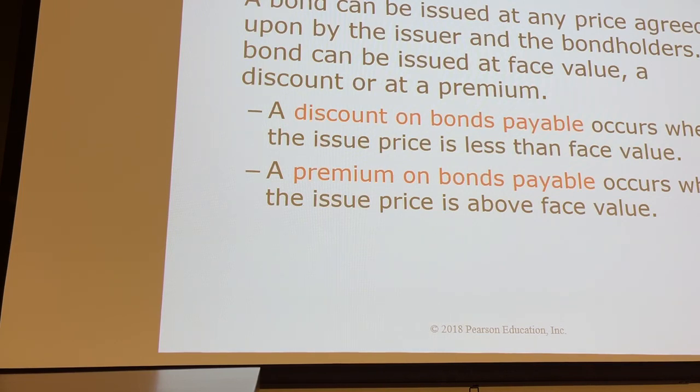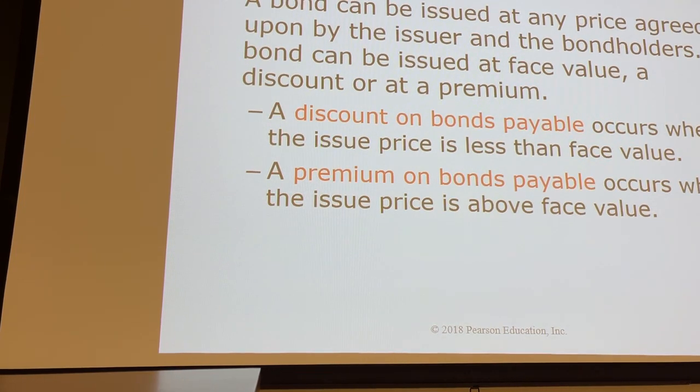And likewise, bonds trade after the initial issuance date in what we call the secondary market. So if one investor wants to sell their bond and another investor wants to buy their bond, and they go through E-Trade or Fidelity to transact, then we call that trading the bond in the secondary market.